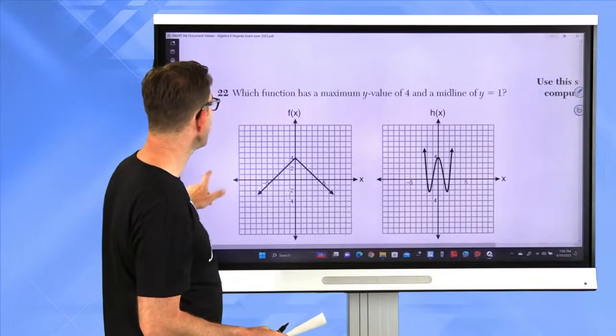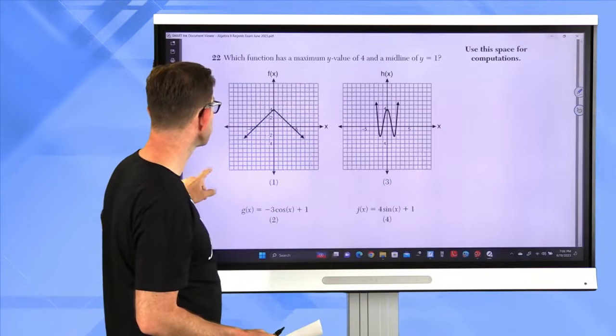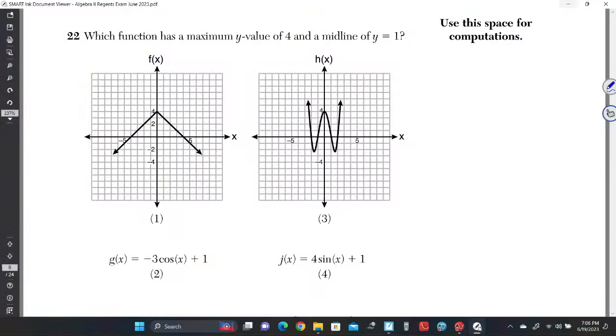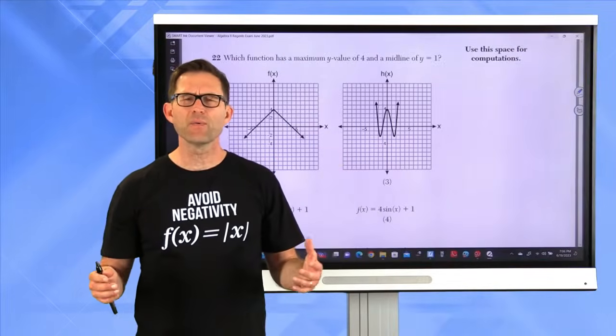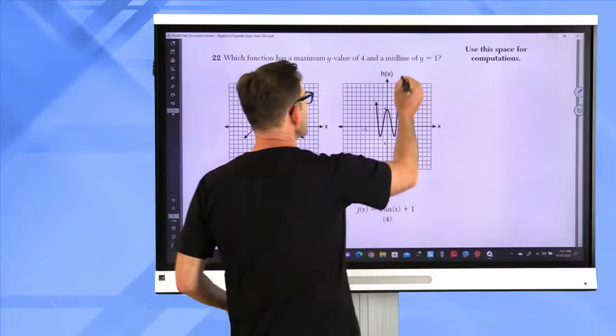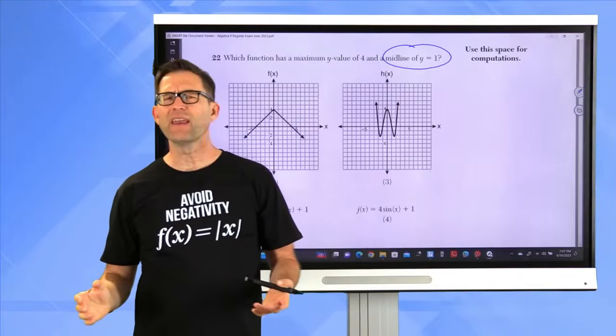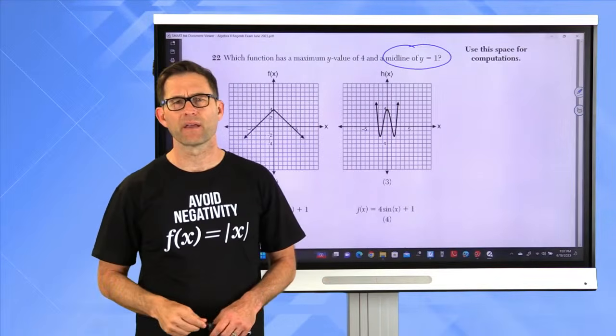Anyway, let's keep going. All right, 22, which I'm going to make a little bit smaller so that we can see it. Which function has a maximum y value of 4 and a midline of y equals 1? Well, this one I thought was a very strange question because we really never talk about the midline for really any graphs other than sine and cosine graphs.